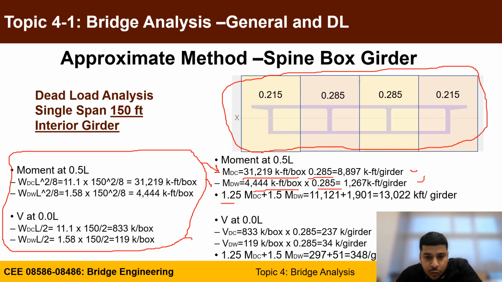And now you can use your load combination, 1.25 DC and 1.5 DW, to get the factored load for the girder, which in this case for the moment is 13,022 kip-feet per girder. And similarly, you can do it for shear, and it will end up at 384 kip per girder.